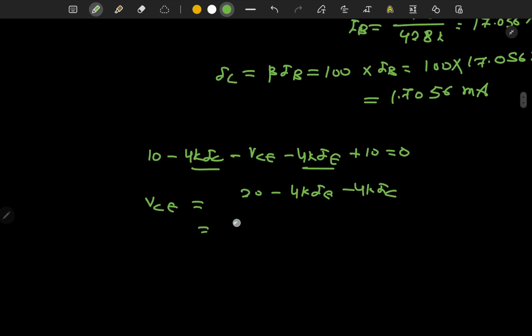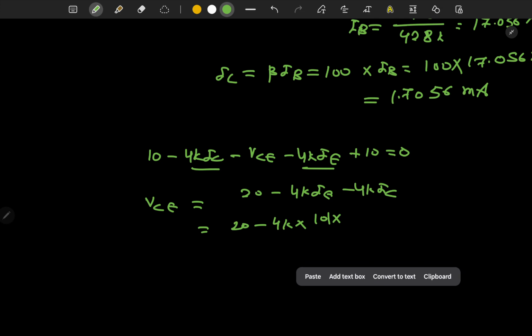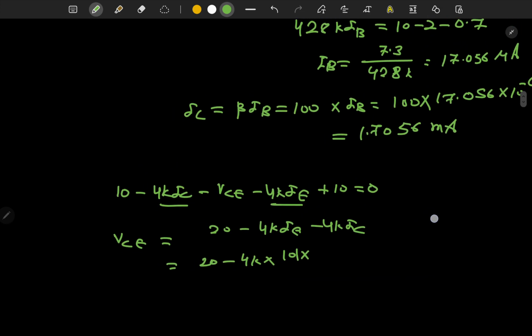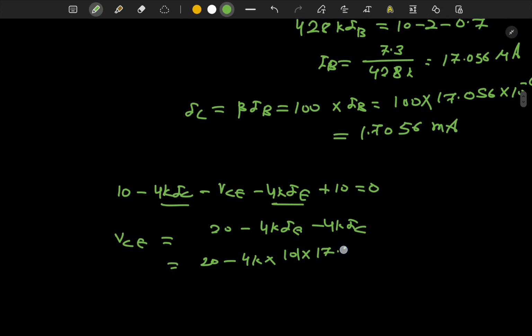Now put in the values. IE is 101 times IB, and IB was 17.056 times 10 to the power minus 6; IC was 1.7056 times 10 to the power minus 3, and k is 10 to the power 3.